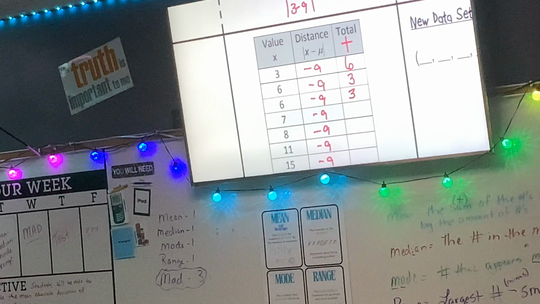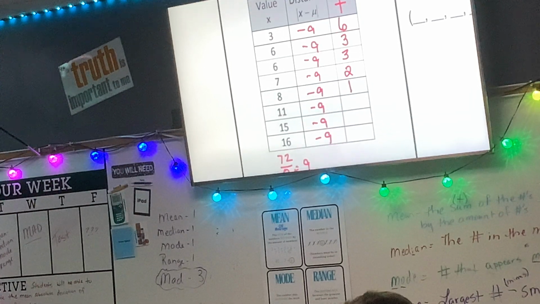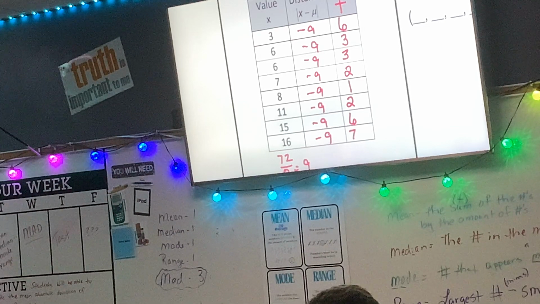Yeah, because that last column is always positive, so we just ignore the negative sign. 7 minus 9? 2. 8 minus 9? 1. 11 minus 9? 15 minus 9? 16 minus 9? Perfect. Okay, so was that hard?